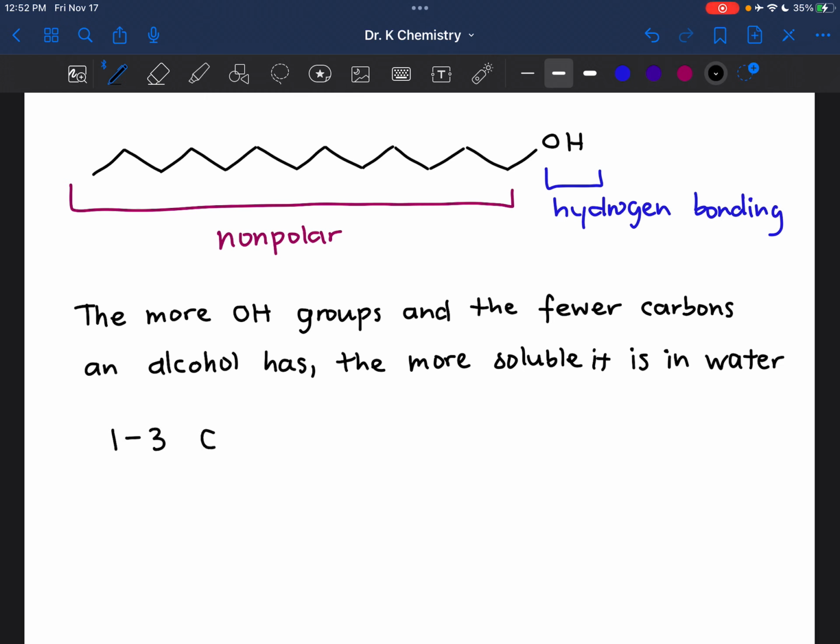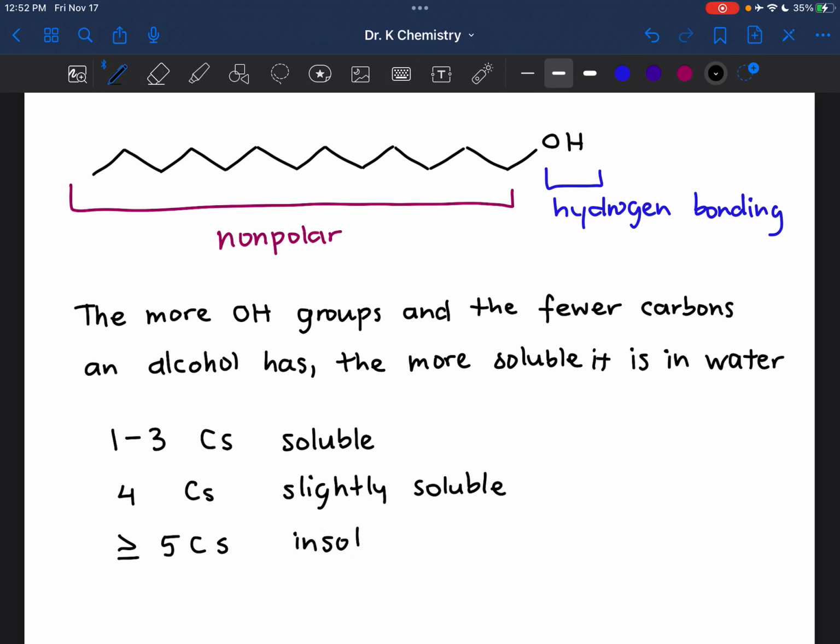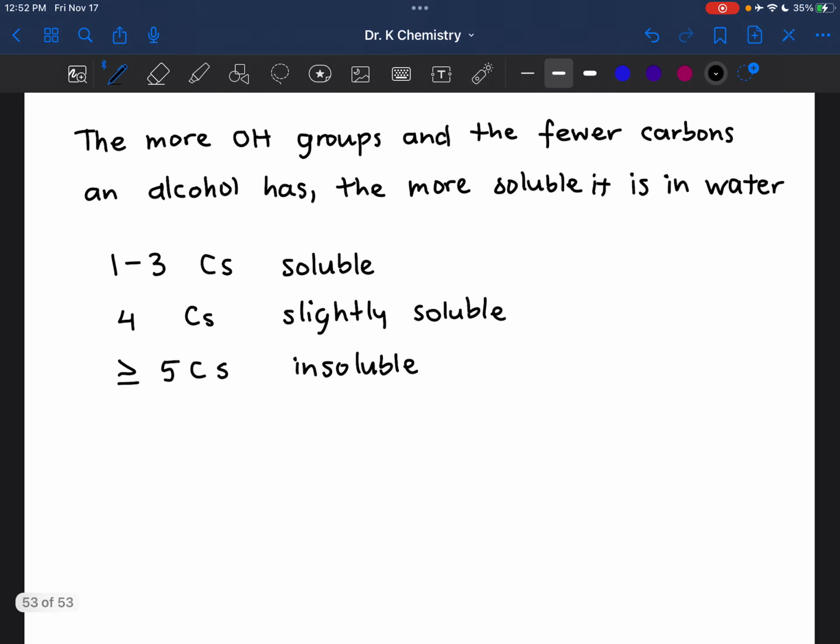So the general guideline is that between 1 to 3 carbons, they tend to be very soluble or miscible. If it has about 4 carbons, it's slightly soluble. And 5 carbons or more, alcohols tend to become insoluble in water because there are just so many dispersion interactions that they kind of override the hydrogen bonding.